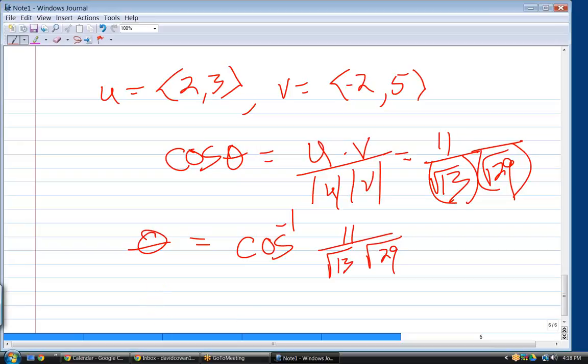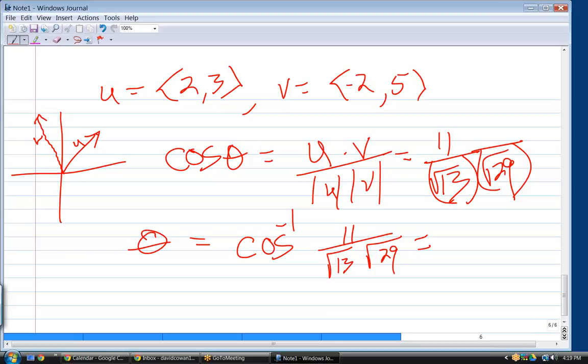That's one way to do it. Go ahead and come up with that answer. Okay. So in my calculator, would I have to put parentheses around the 13 and the 29?